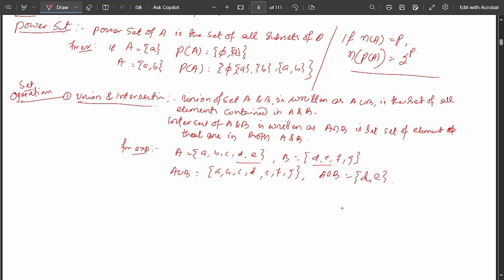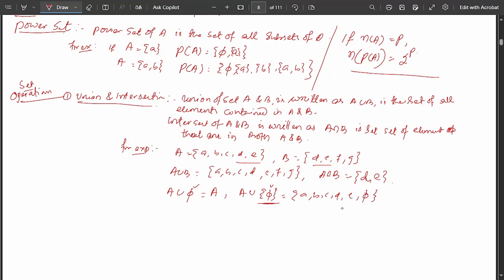Now, A union phi. If I write this phi, it represents the empty set, for which no element is there. So A union phi will be A. But if I write A union {phi}, this represents a set for which phi is an element, so this will be {a, b, c, d, e, phi}.